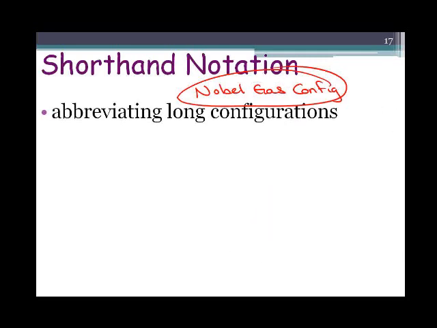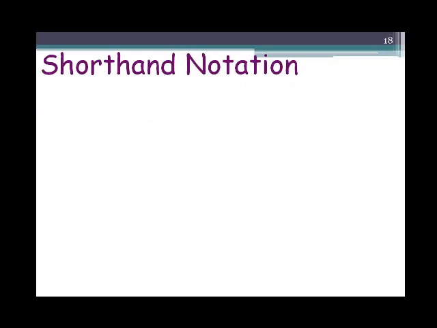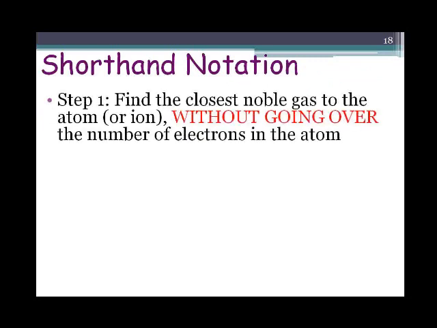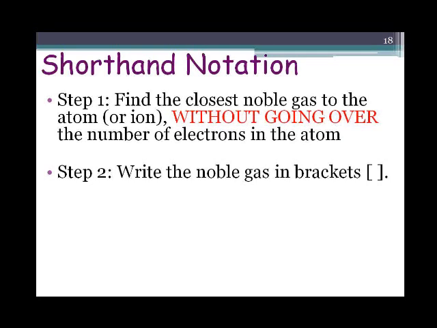So what we're going to do is first find the noble gas that's closest to our element without going over the total number of electrons. We'll write that noble gas in brackets and then continue our electron configuration.